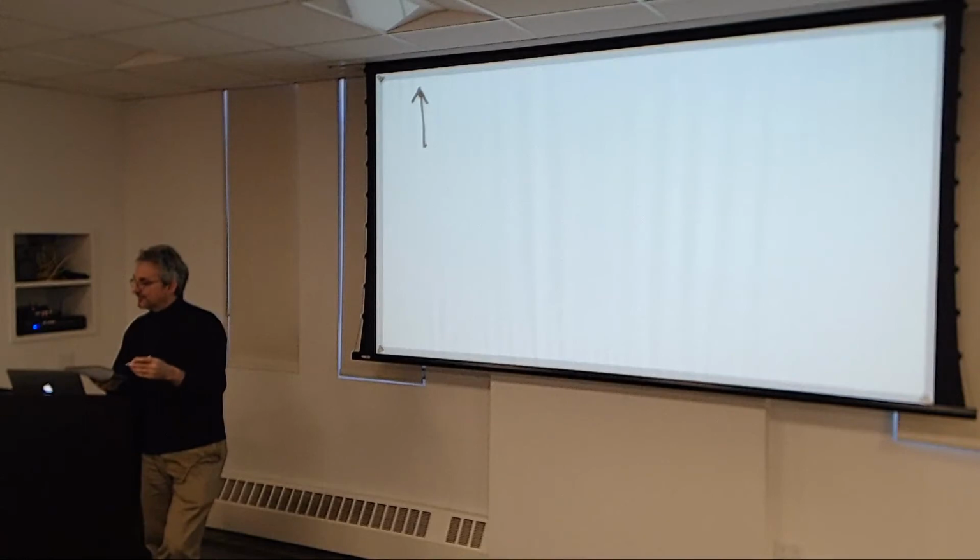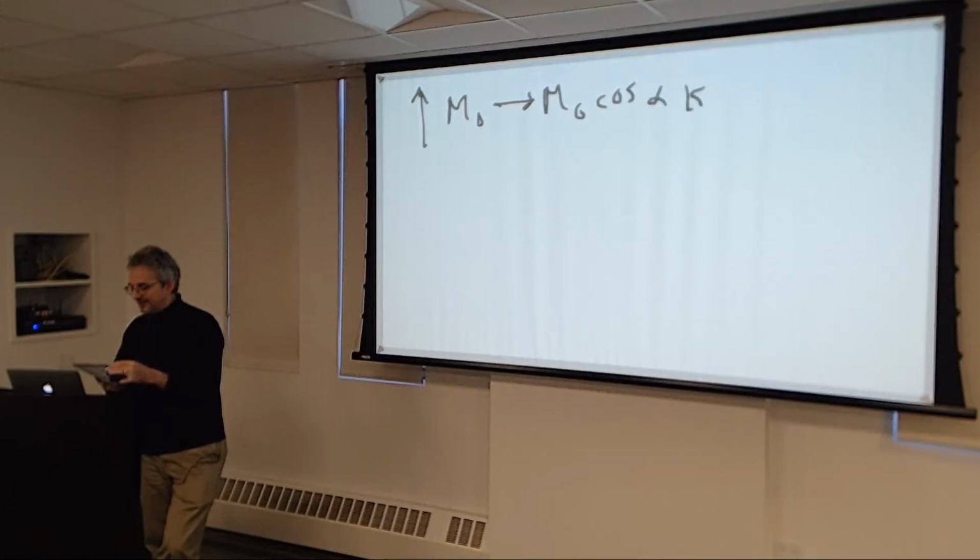Then I have the rotation by alpha. So if I start with m naught, after that, I'll have m naught cosine alpha on the z-axis and m naught sine alpha on the minus y-axis.